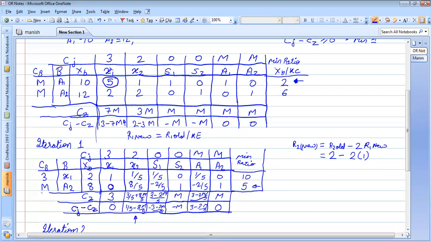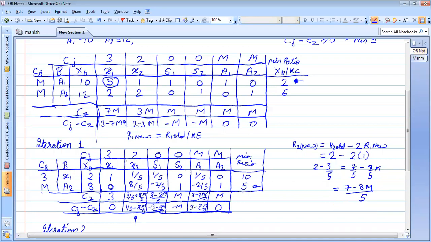So 3 minus 3 will be 0, 2 minus 3 by 5 minus 8 by 5 M. So 2 minus 3 by 5 is equal to, sorry, this value will be something different. 2 minus 3 by 5 is equal to 7 by 5 minus 8 by 5 M, or you can write this as 7 minus 8M by 5, isn't it?